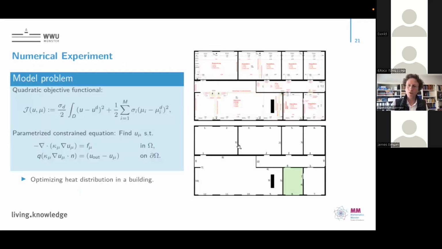And I can come to some numerical experiments. This first numerical experiment gives an optimization problem which is based on the floor map of the building where I'm usually working. So this is our mathematics cluster in Münster, and we have a big common room.